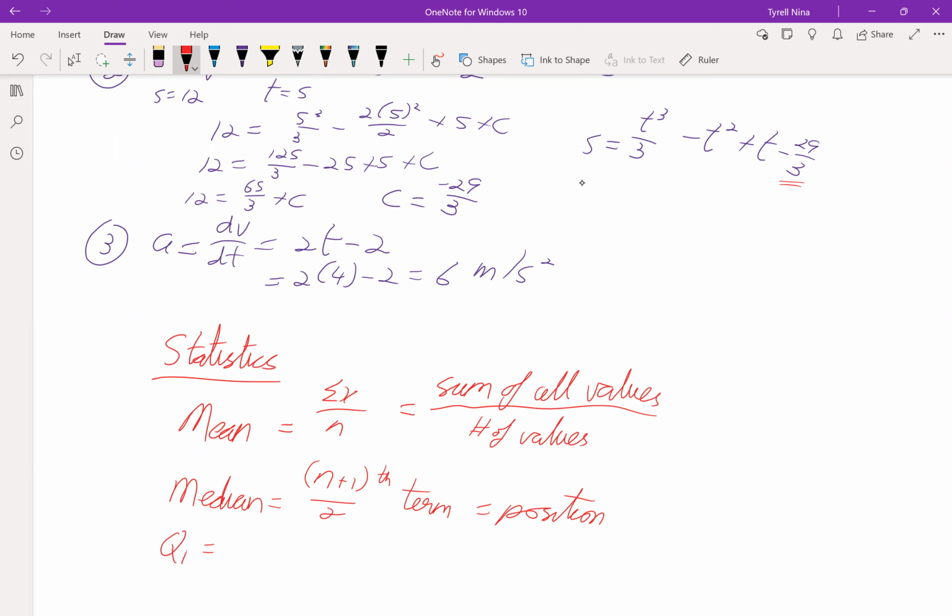Q1, which is the lower quartile, is the n plus 1 over 4th term or position.